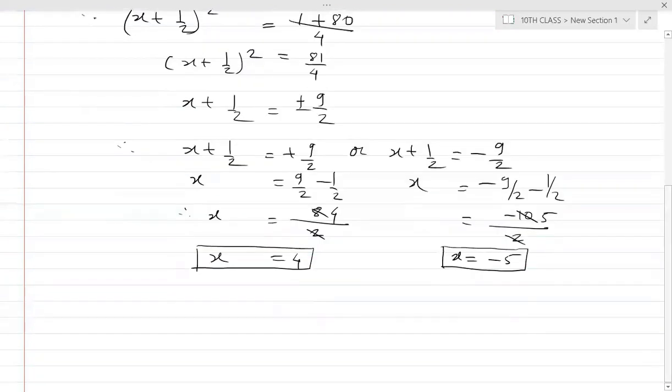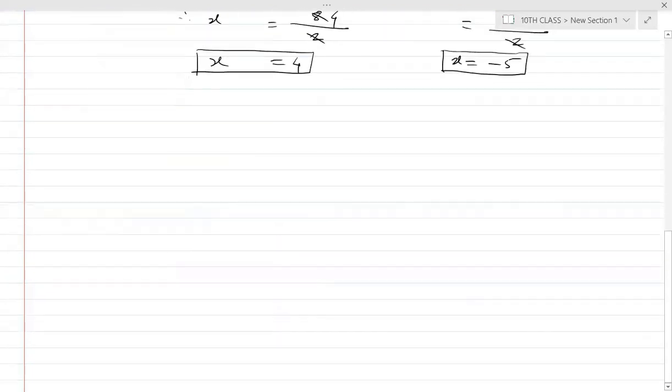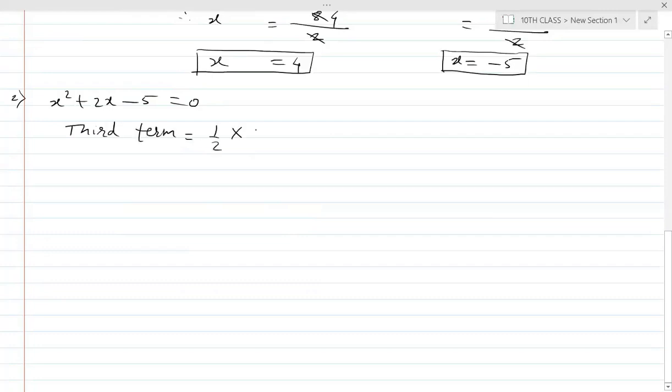Now the next problem we are going to solve: x square plus 2x minus 5 equals 0. Here I am going to find the third term. Third term equals half of coefficient of x whole square.